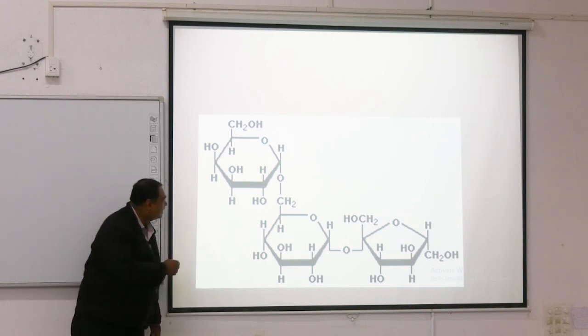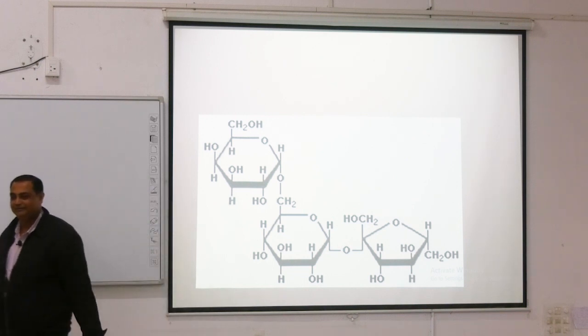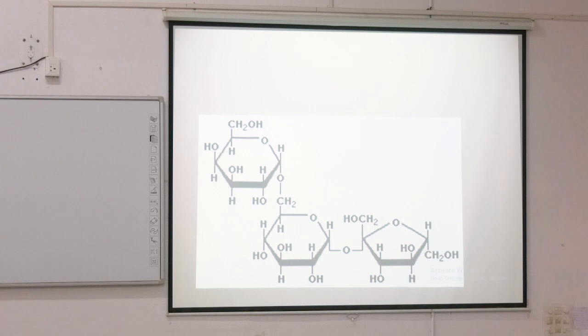Fine. And this is what? See the structure, they differ in only one carbon atom. These two structures differ in only one carbon atom. They are epimers. So who are the epimers of glucose? Galactose and mannose. This is not mannose. Why? Because it is galactose. This is an epimer at C4. Clear?